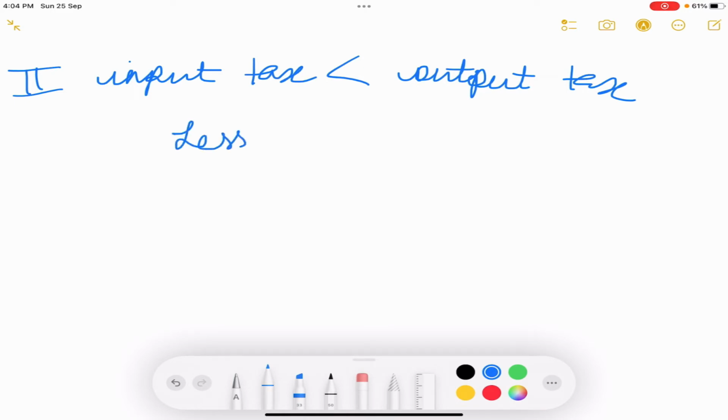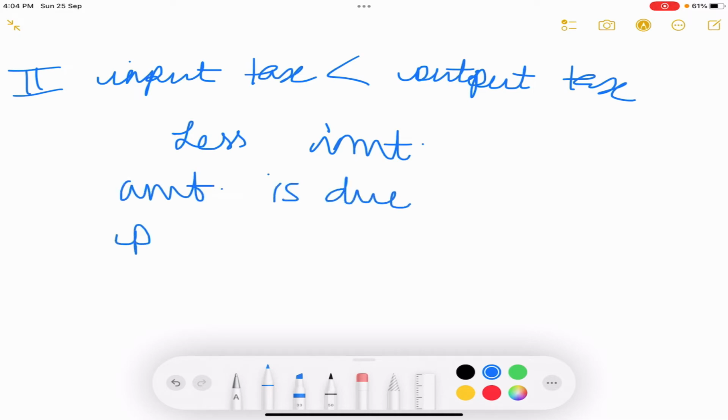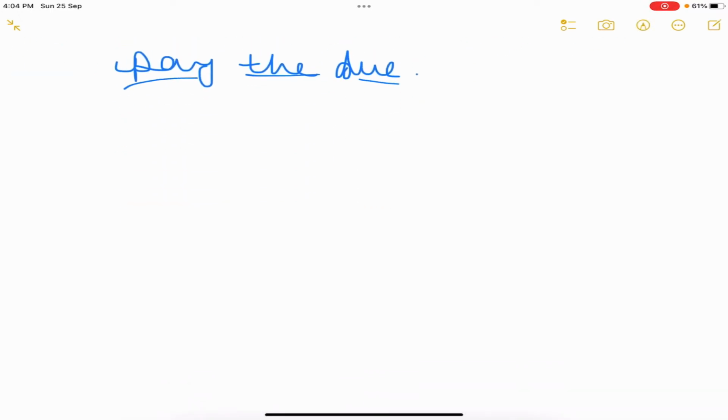So now the amount is due. You have to pay the due amount. Easy. Now let's go and check out the journal entries for the same.